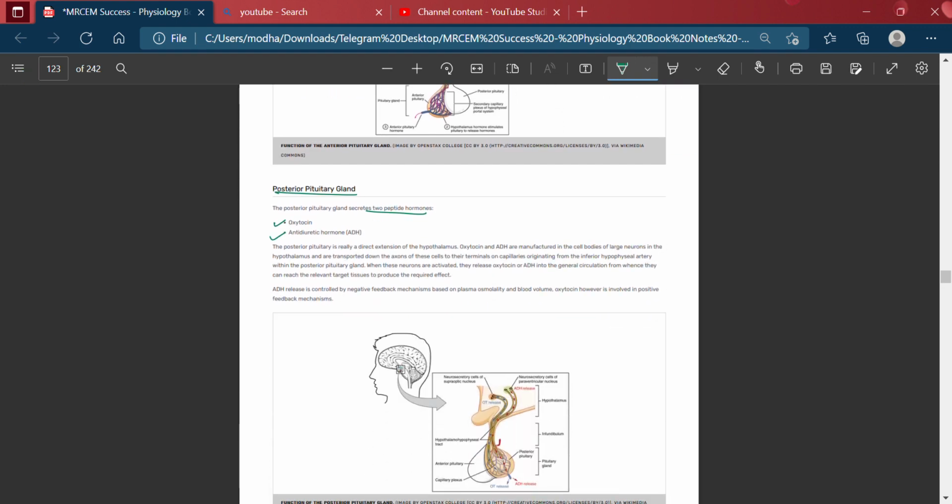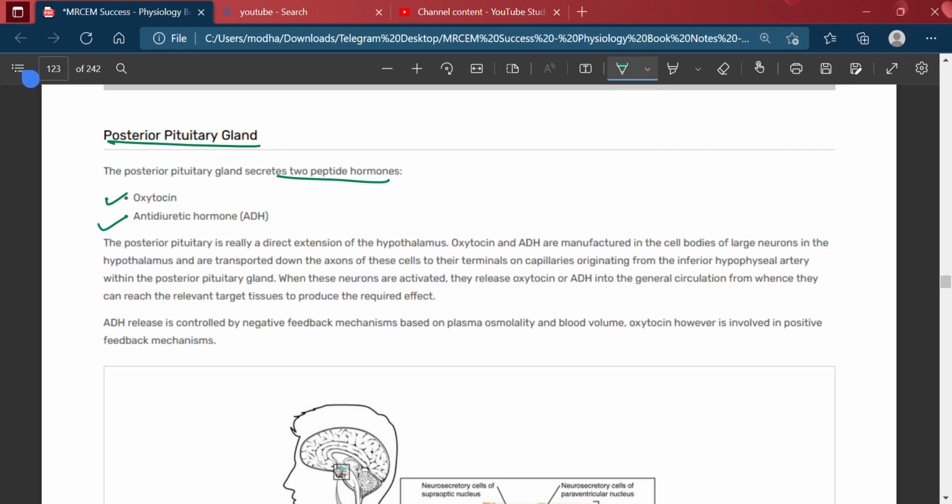And the posterior pituitary secretes oxytocin and ADH.